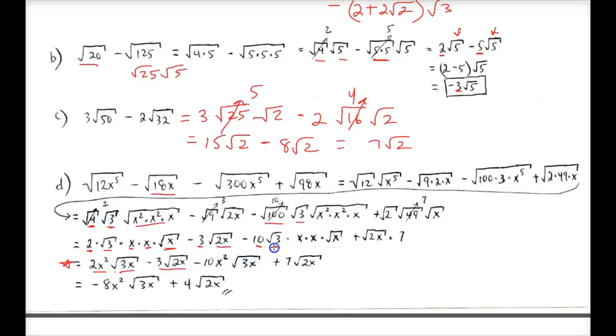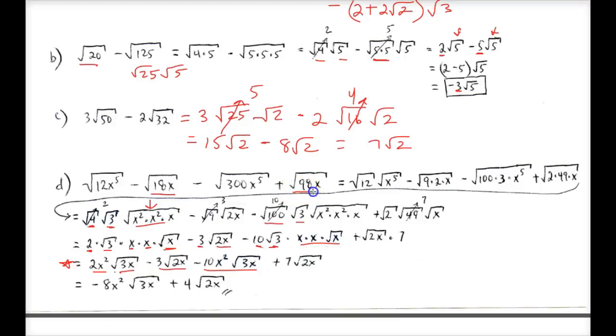Square root of 3, leave that alone. And just like how we saw here, the square root of x to the fifth just ends up being x squared times square root of x. Okay. And so of course, if we bring all that together here for the third term, we end up getting 10 times x squared, and then under the square root sign, square root of 3 times x.